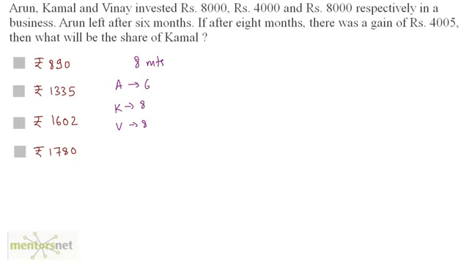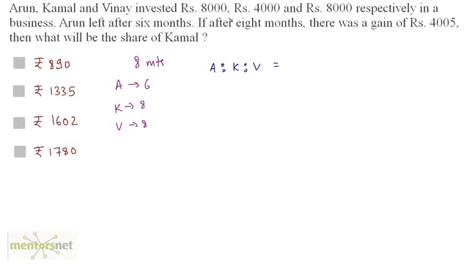Now we have the total time periods of all of these guys. Now we also have the amounts they have invested. So the ratio of the profits made by these three people, Arun, Kamal and Vinay, can be written as, let's say, A is to K is to V. The ratio of their profits is equal to the compounded ratio of their investments and their time periods.